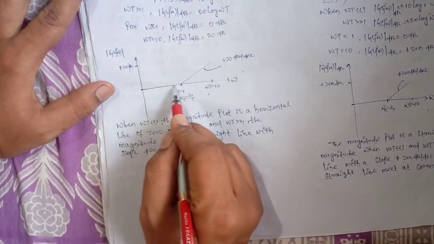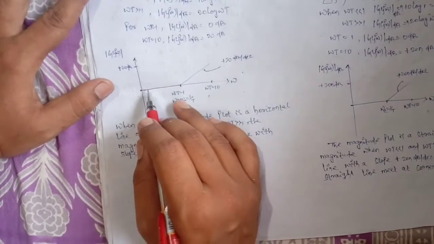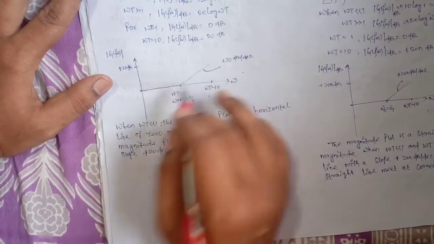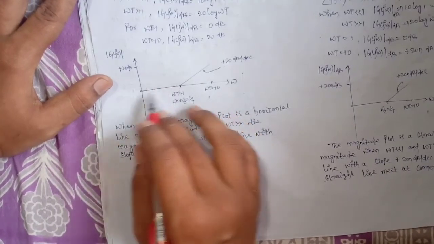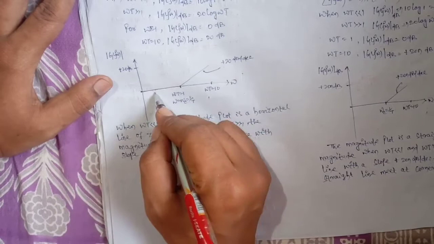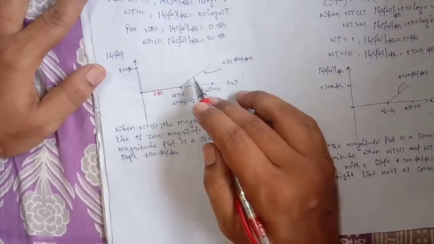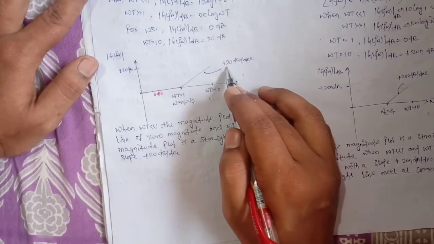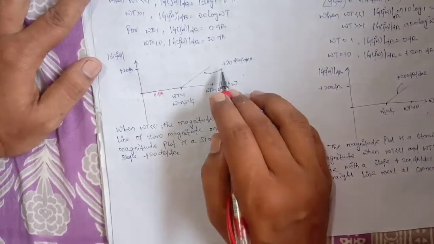My Bode plot is basically two straight lines. Up to corner frequency, my horizontal line is 0 dB, and after corner frequency it is a straight line having slope plus 20 dB per decade. For pole it was minus 20.